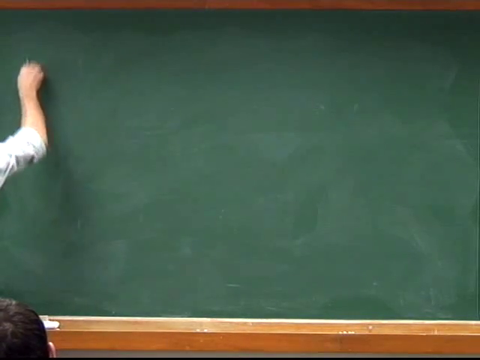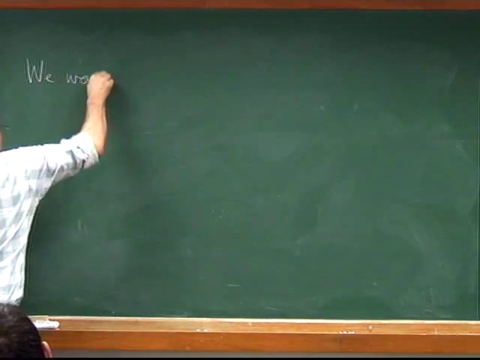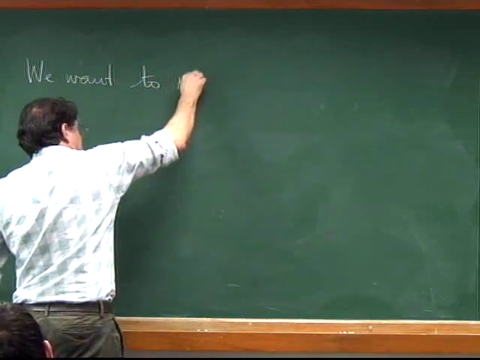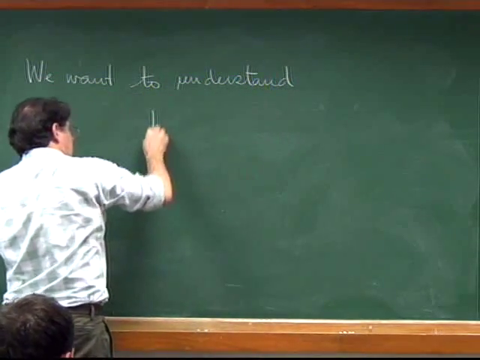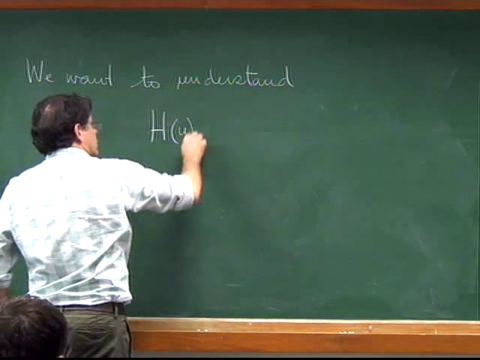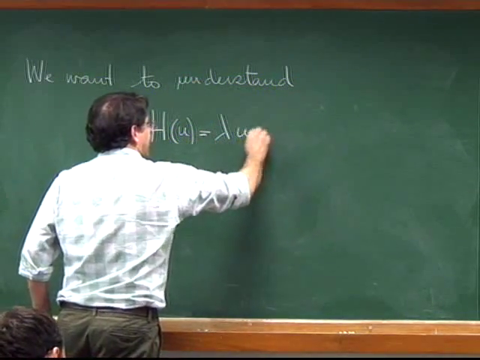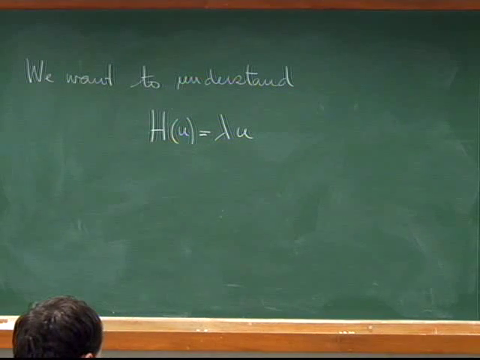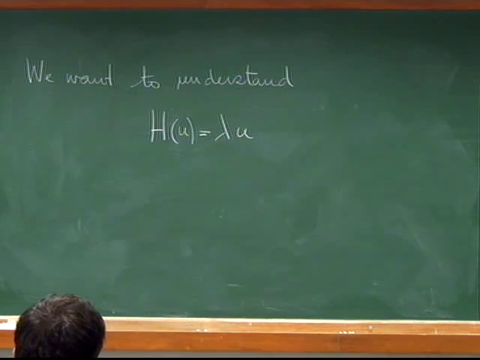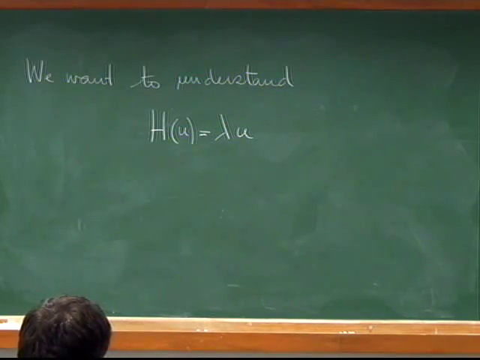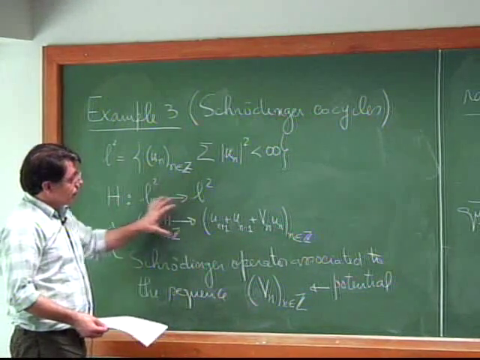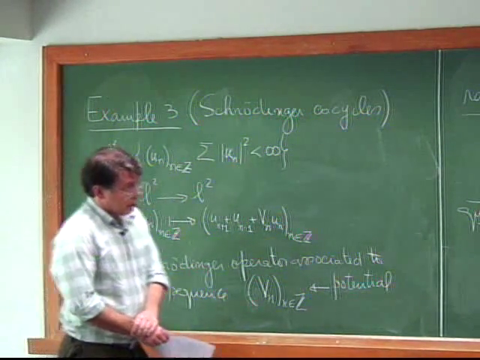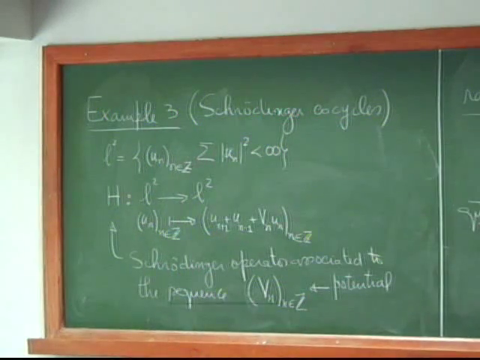Well, one of the things that is important for solving the Schrödinger equation is to understand what are the eigenvalues of H. And that's where we get to spectral theory. We want to understand what is the spectrum of this operator. Turns out, and that's a theorem, that if you know the spectrum of this operator, then you are halfway into solving the Schrödinger equation.